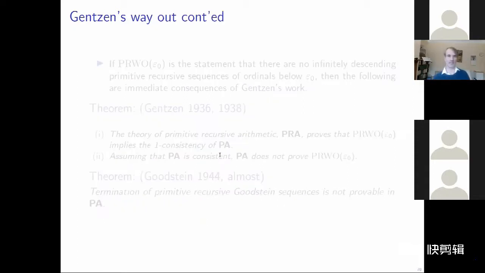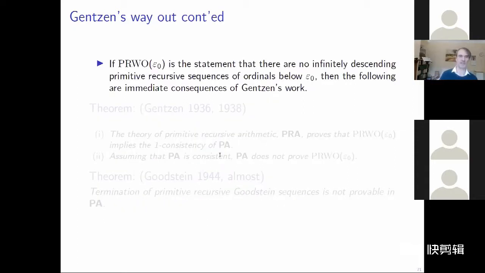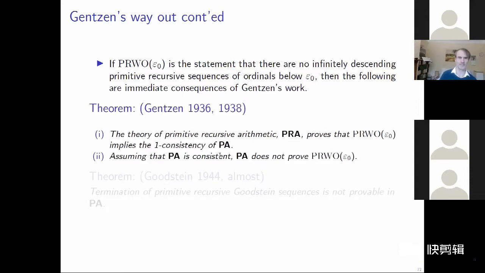Okay, just some results that Gentzen obtained. So as I said, from Gentzen's result, from the principle that there are no primitive recursive descending sequences below epsilon 0, you get the consistency of PA and a little bit more, what's called the one consistency.